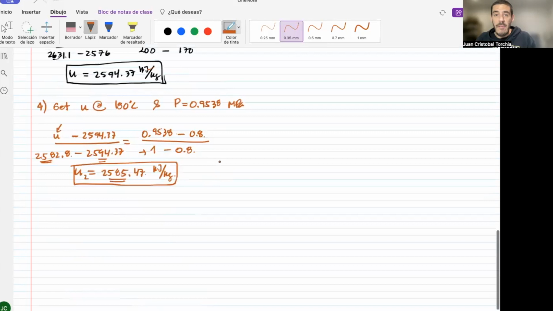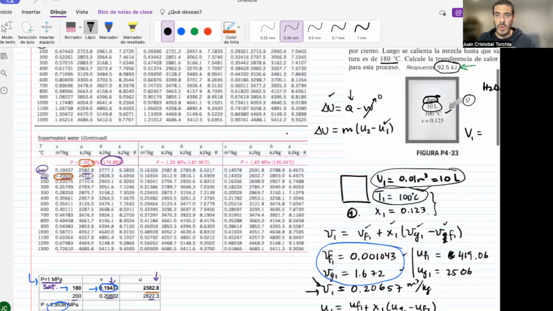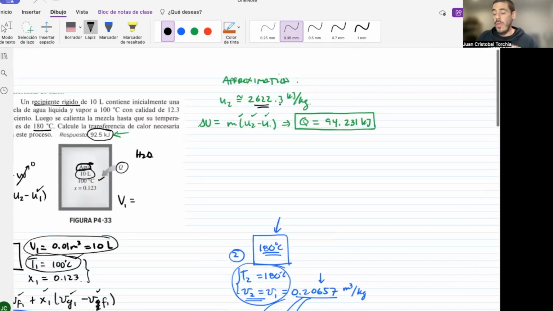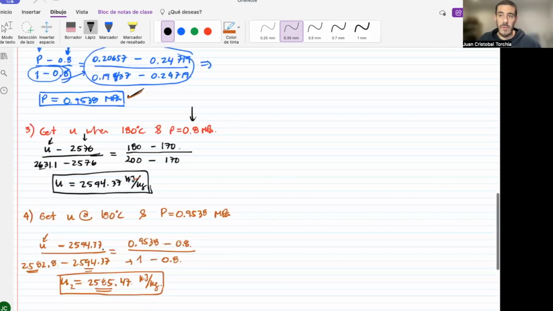Now that you have everything, it's just substituting. Delta U needs to be equal to the mass multiplied by U2 minus U1. Remember your approximated U2. This one was our approximation, 2,622, and it seems pretty far away from this one.